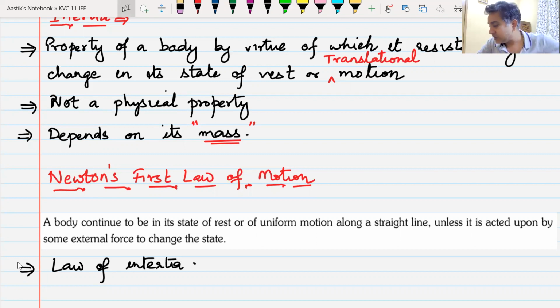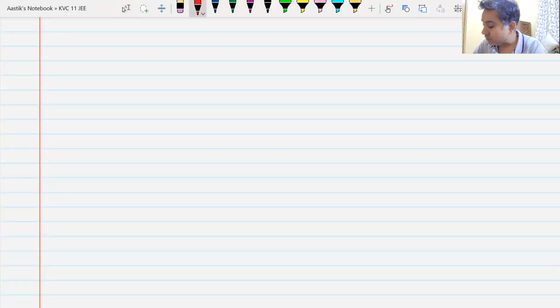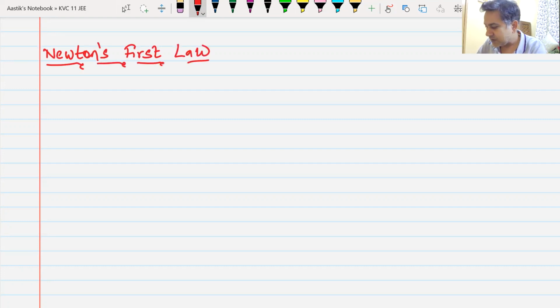That means Newton's first law talks about a very special case. And what is the case that Newton's first law talks about? The net force acting on the body is zero.